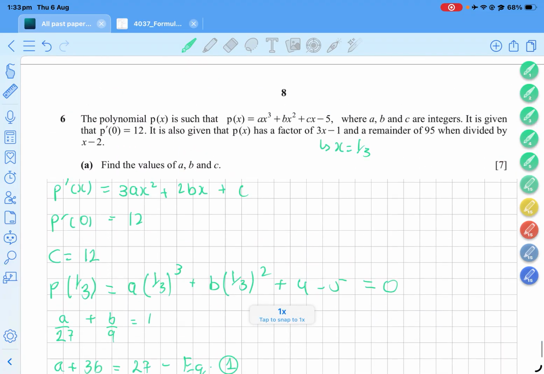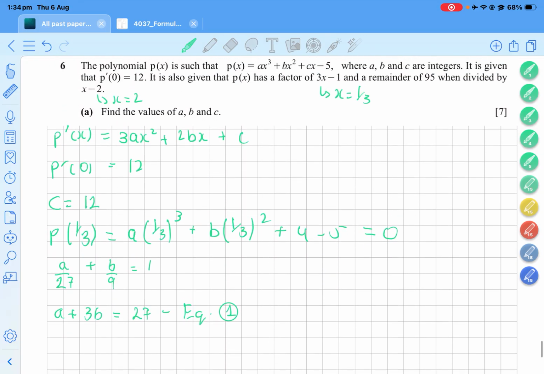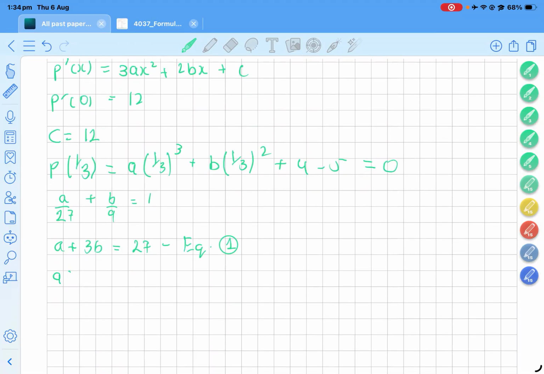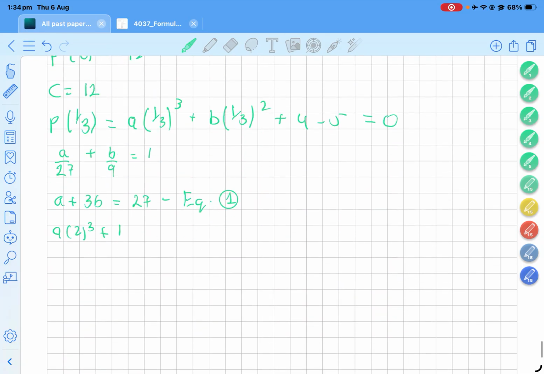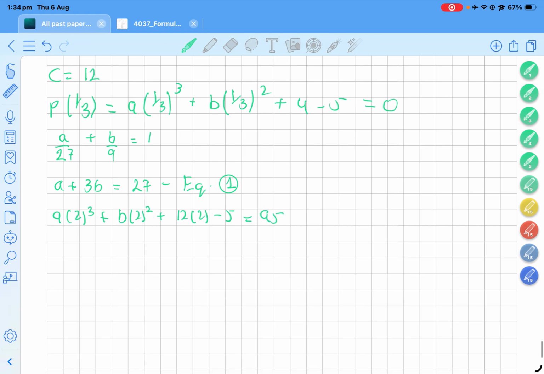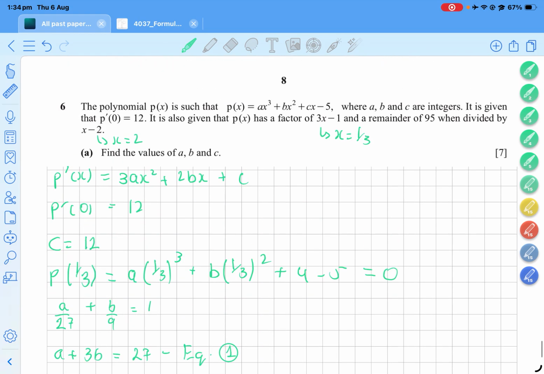Then x minus 2, so x must equal 2. So p of 2 is 95. So let's put this a into 2 cubed plus b into 2 squared plus 12 times 2 minus 5 is going to be how much? 95 this side. Yeah, it was 95.